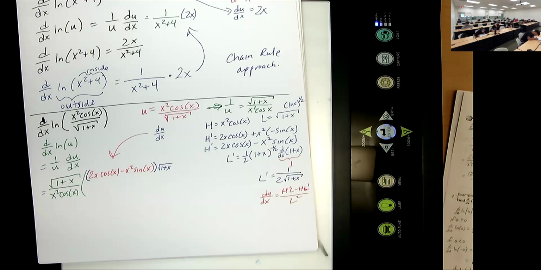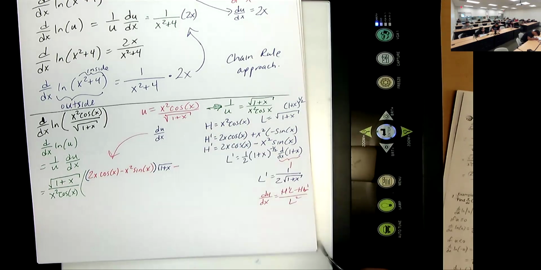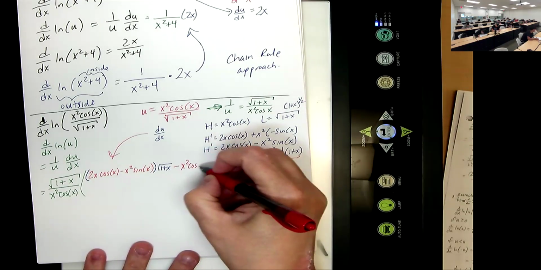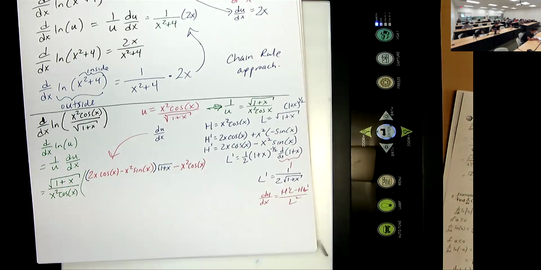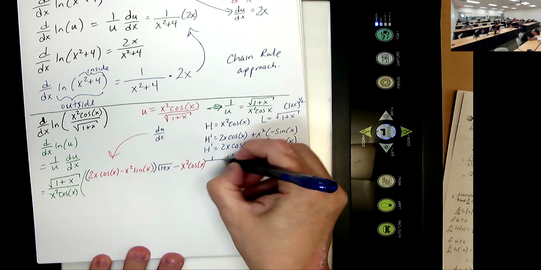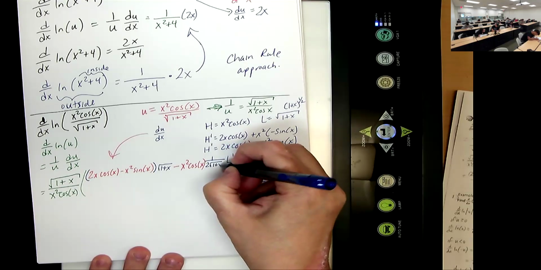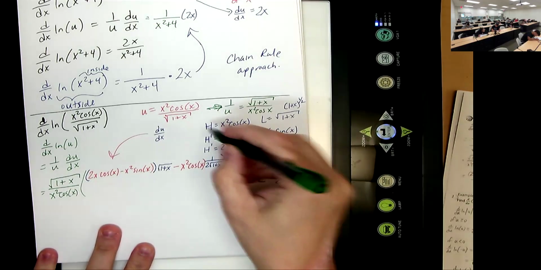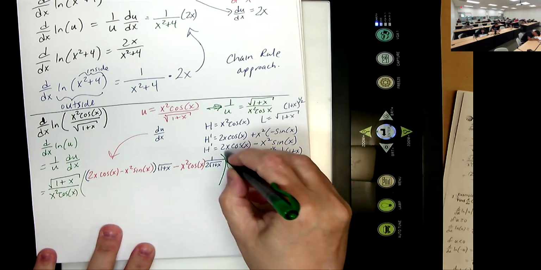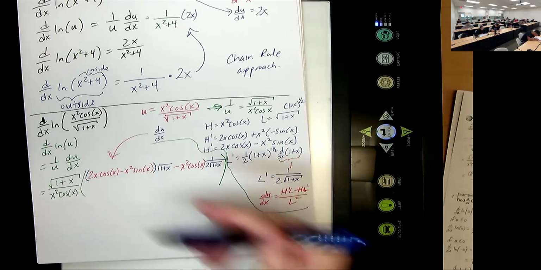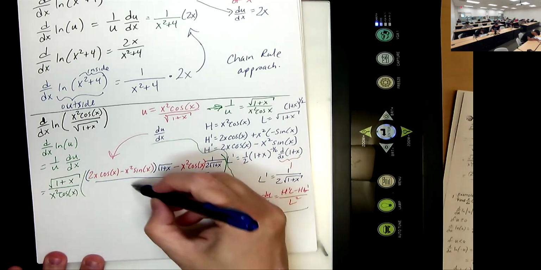And we have minus high, which is x squared cosine x, times the derivative of low, which was 1 over 2 square root of 1 plus x. Oh, I barely squeezed that in, did I? All over low squared. Low squared is square root of 1 plus x squared.